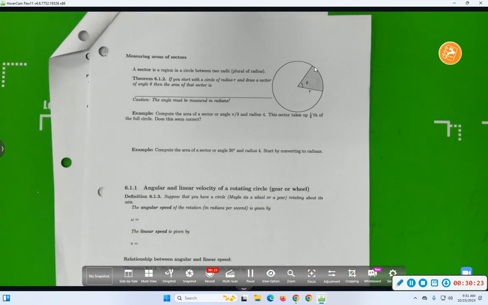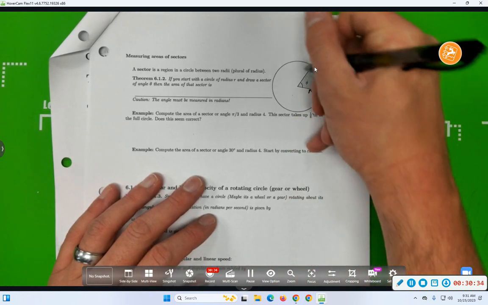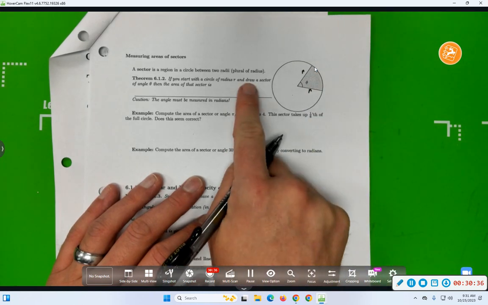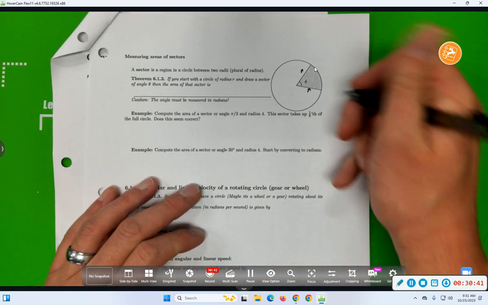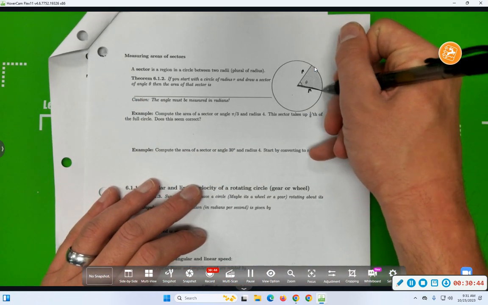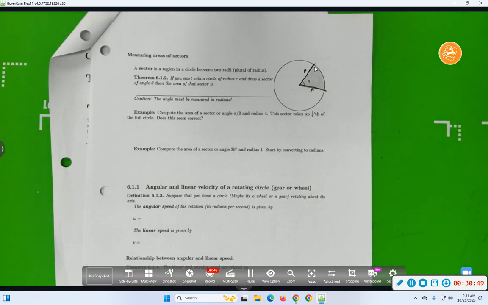So, let's talk about sectors. Here is an area formula. Start with a circle of radius r, and draw a sector of angle theta in that circle. So, what's a sector? Well, it's a region like this. Draw two different radii of the same circle.